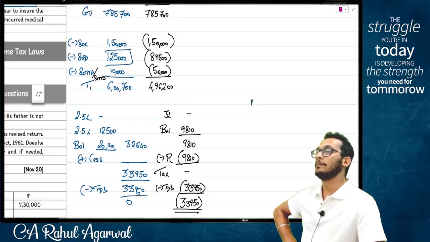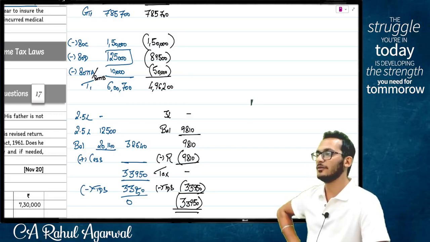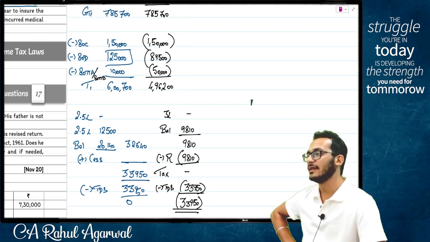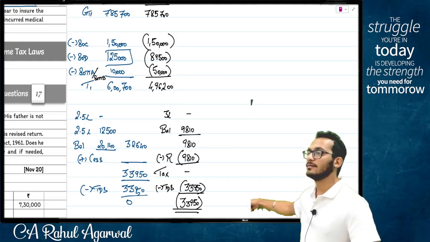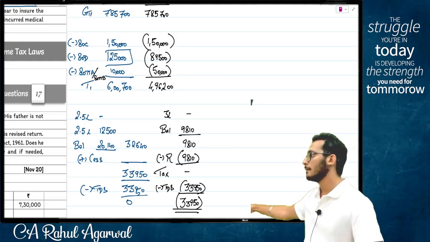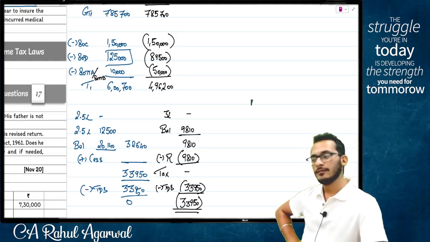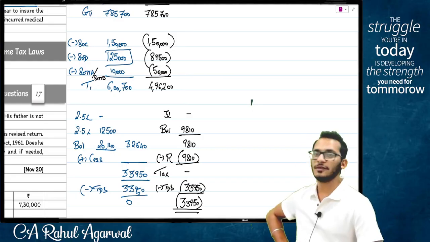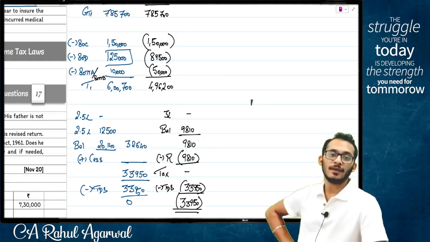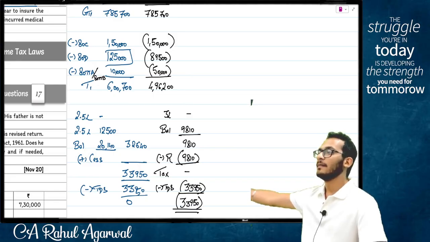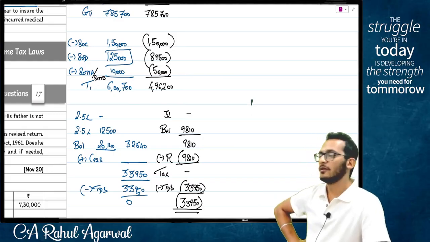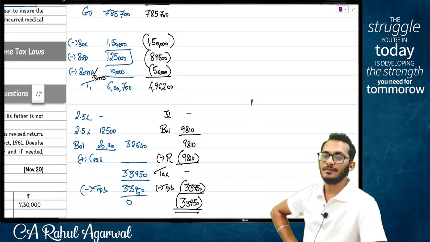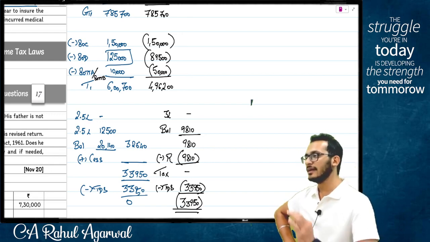Yes, a person who reported to the government that his tax payable is 33,950 now is reporting that he wants money back of 33,950. Yes or no? Yes. People, if I have to achieve this, I'll have to file a revised return before 31st December 25. If I do that, this money comes back to the client as a refund. Beautiful scheme. Yes or no? Yes. And nothing illegal here.